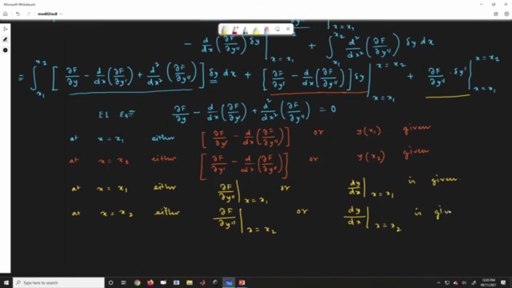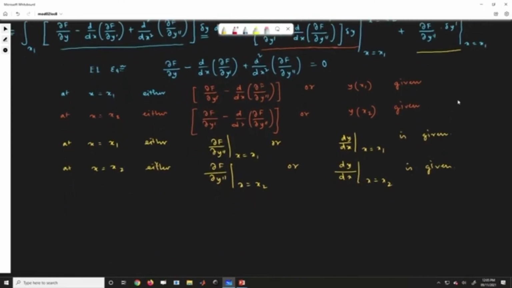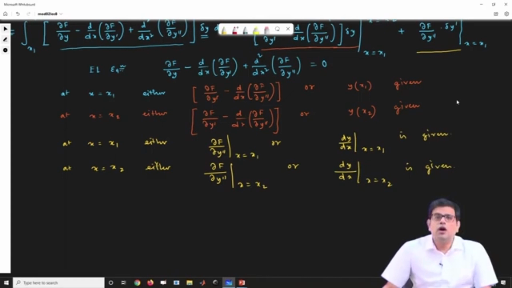So, this is the whole picture. Now, here we will see with an example how it can be useful for our case, in the case of a beam.